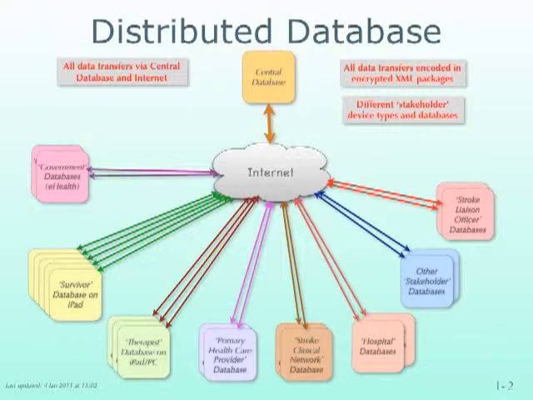Hence, the device used by a particular stroke survivor will only contain data that is relevant to that stroke survivor. Similarly, the device used by a particular stroke therapist will only contain data that is relevant to that stroke therapist.